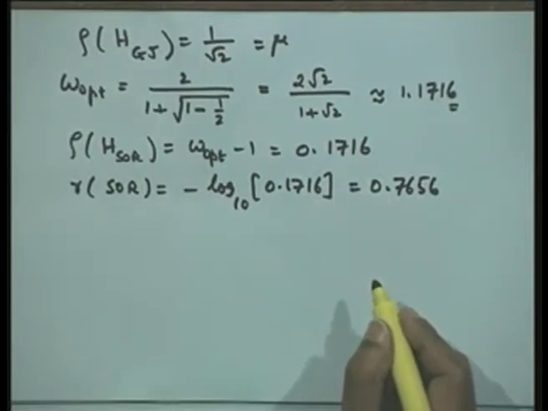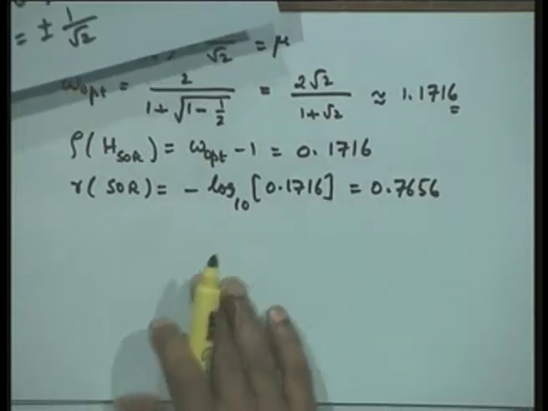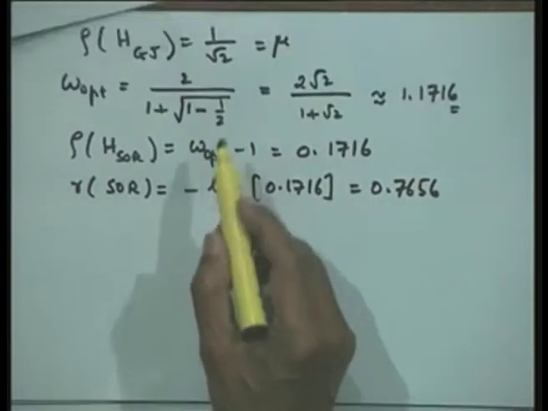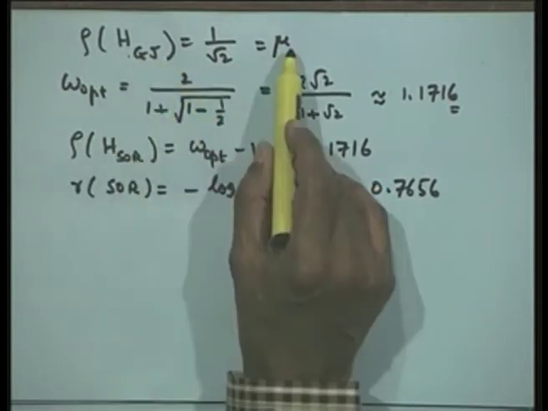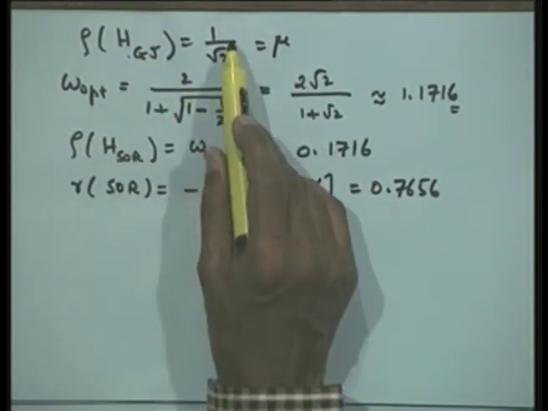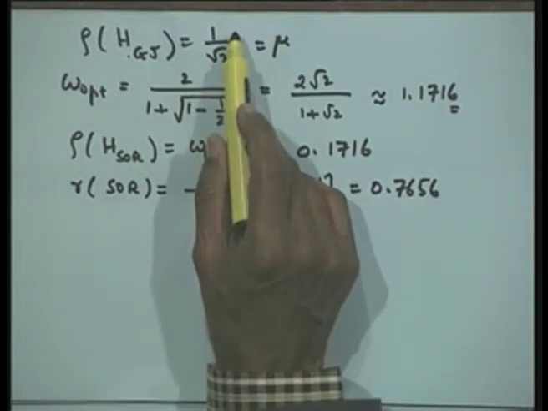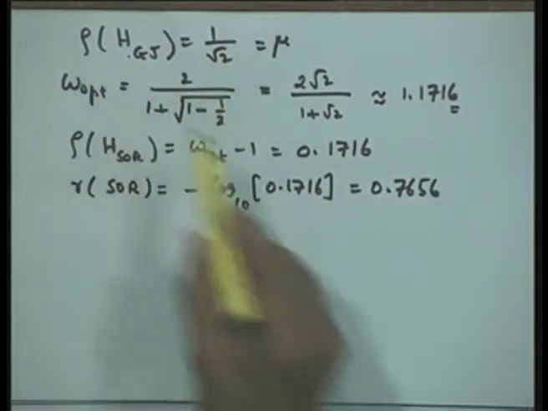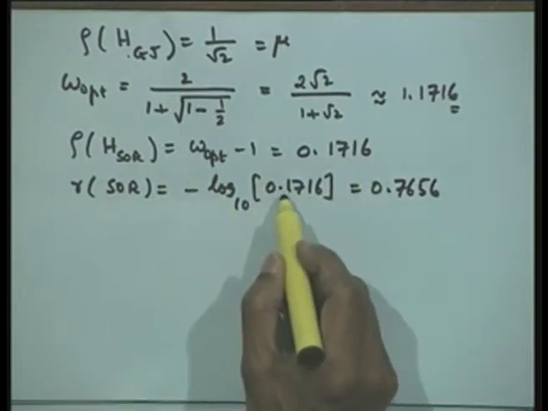Now you could try to compare right here how we compare SOR with Gauss-Jacobi itself. If I look at this, we have written here the spectral radius of the Gauss-Jacobi is 1 upon root 2, that is 1 upon 1.414, the ratio is approximately 0.7. Therefore in place of 0.7 we shall use 0.1716 here.